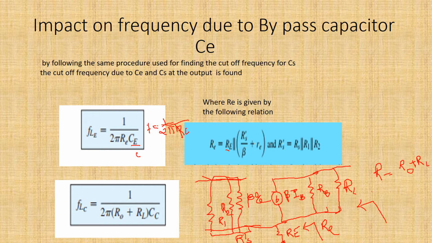Actually, R is a parallel combination of R0 and RL, which comes out to be this much approximately. So here this is R and this is C. It's very simple, you don't have to memorize all these relations. So FLC is 1 upon 2 pi (R0 plus R) into CC.